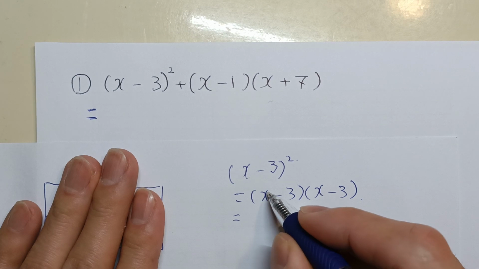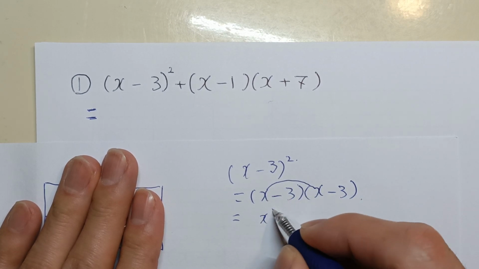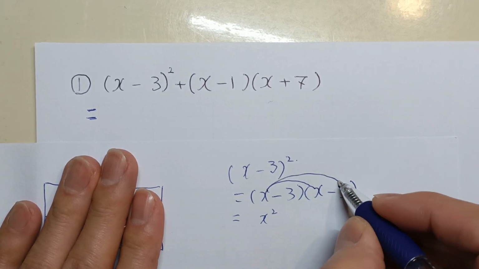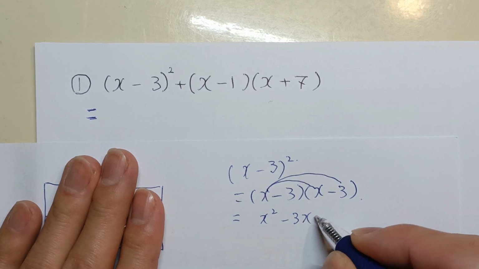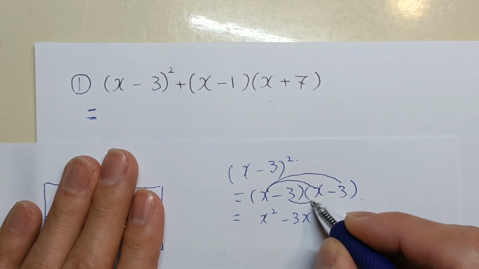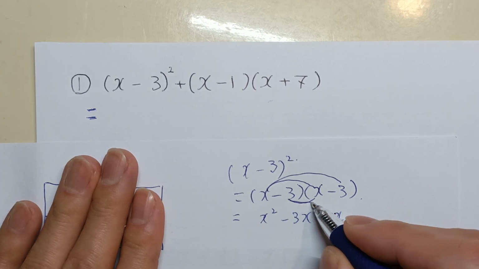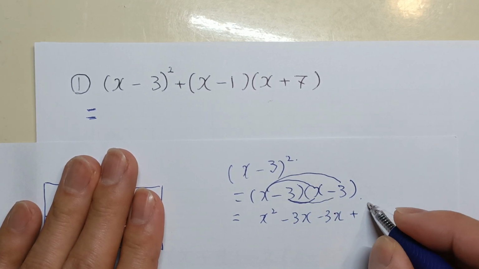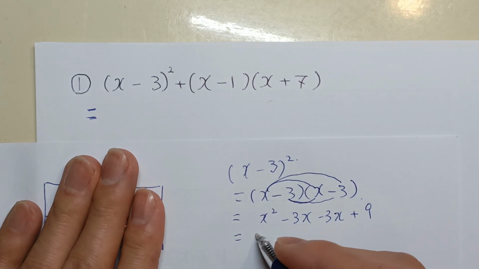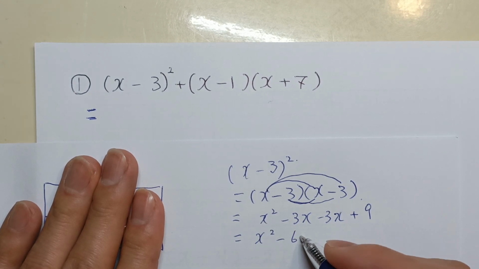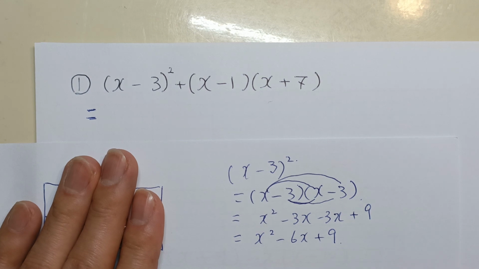Then first x squared, and then second minus 3x, negative 3 times by x, negative 3x, and then negative 3 times by negative 3, which is positive 9, isn't it? Which is x squared minus 6x plus 9, right?